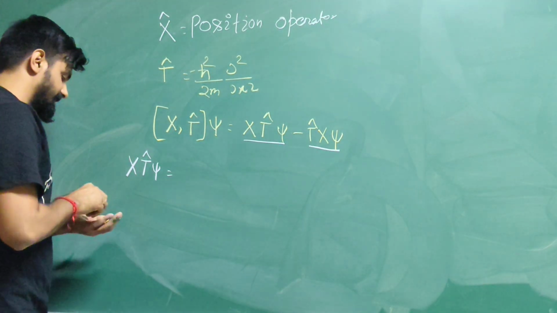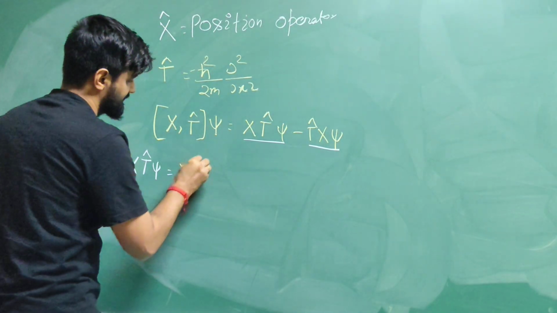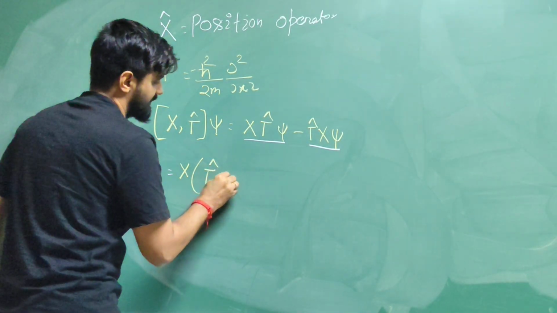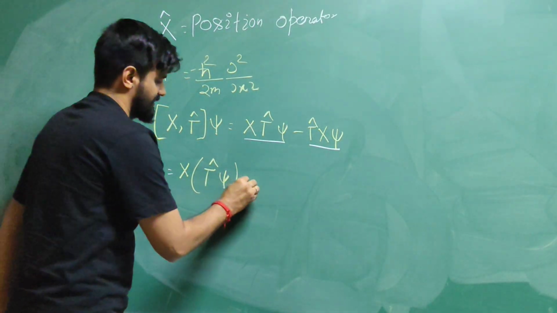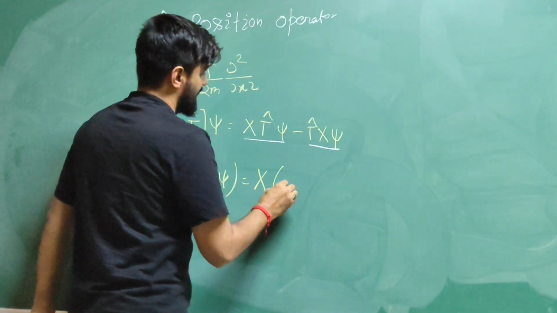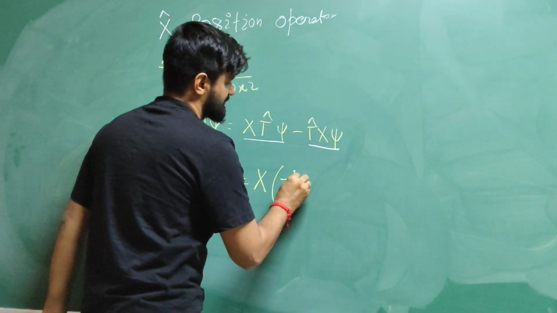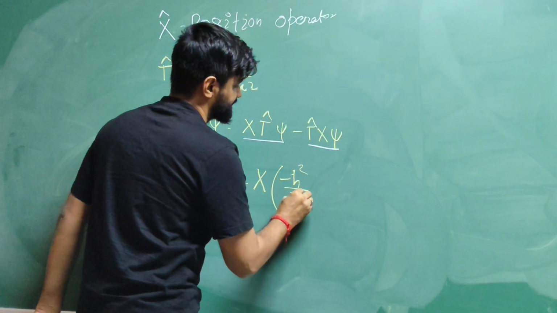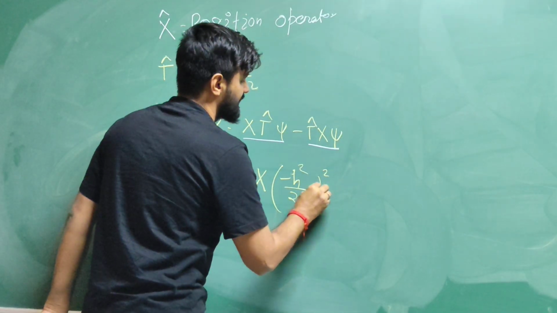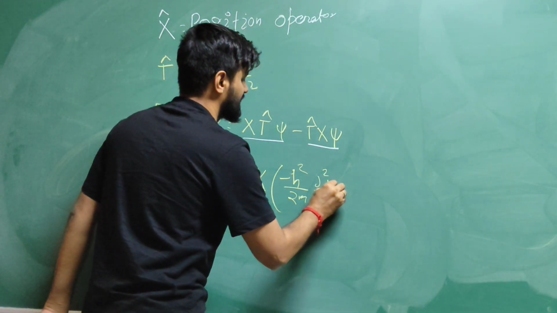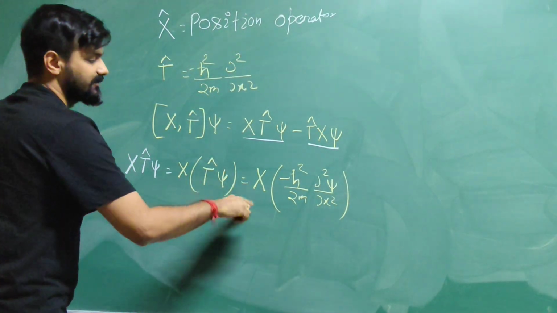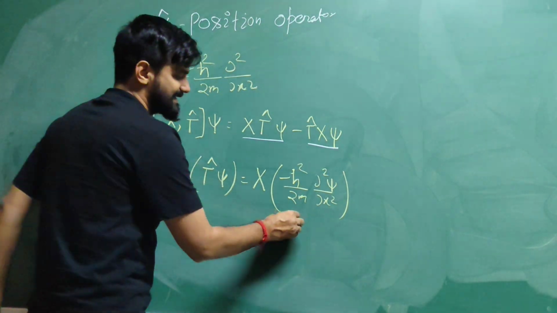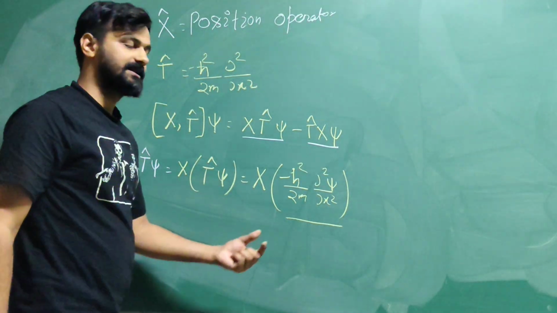It can be written as x, and what is T cap? T cap equals minus h square divided by 2m, del 2 by del x square, and this will be psi.